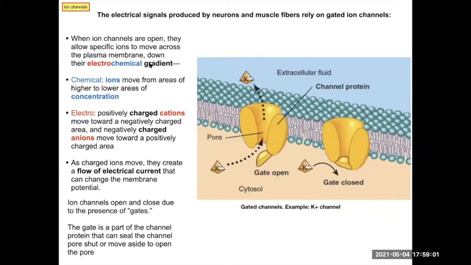But on the other hand, they have this opposing force, because remember, the inside of the cell was negative. At a certain point, they're going to stop diffusing out because of their electric gradient, right? They're positively charged ions, they're attracted to the negative, and then they stop.